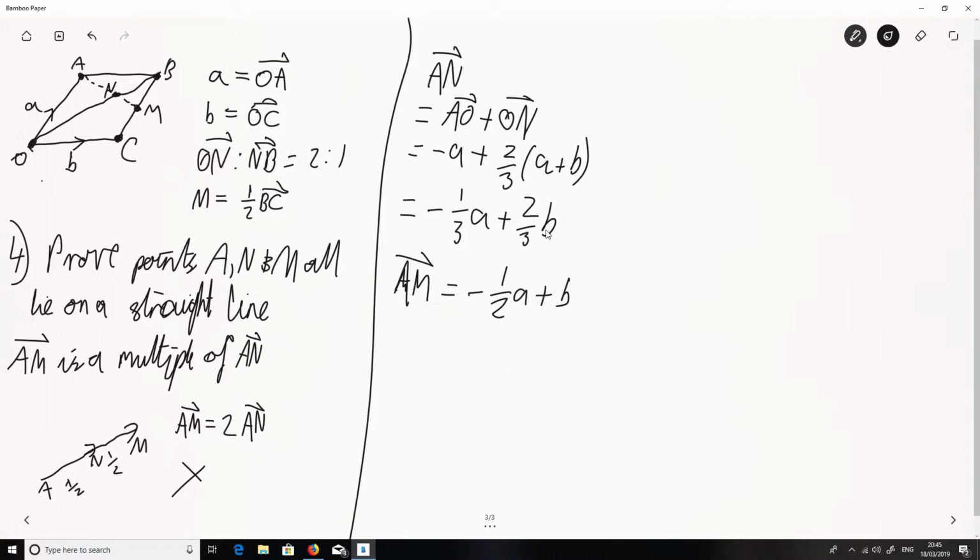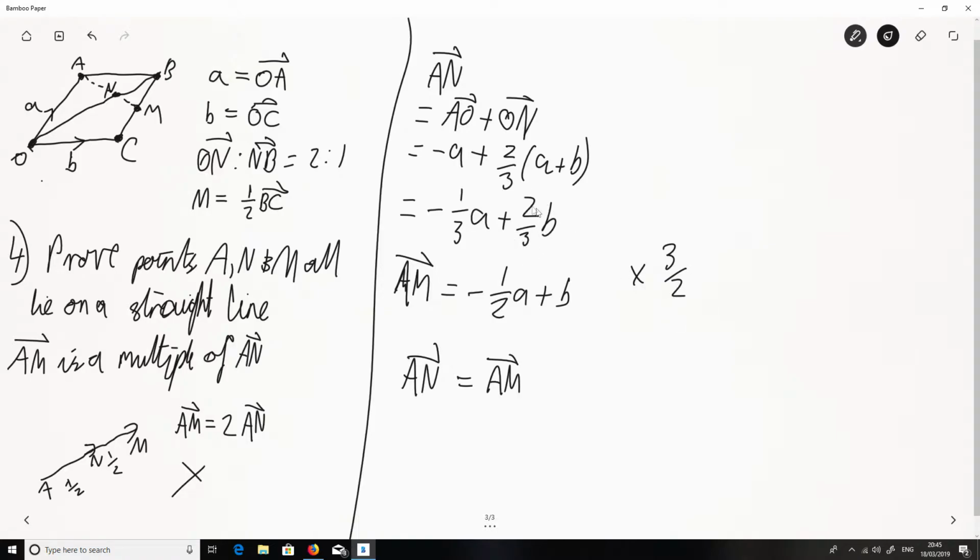So we need to go from 2/3 B to B. So that means we need to multiply AN by something to get AM. To go from 2/3 B to B, we need to times by 3/2, because 3 will cancel out with that 3, and that 2 will cancel out with that 2.